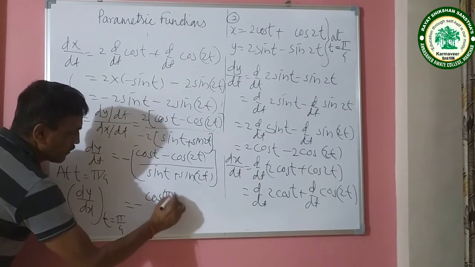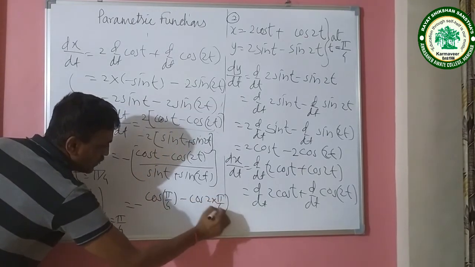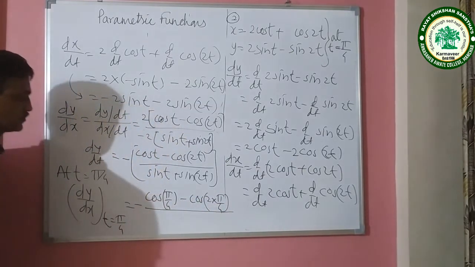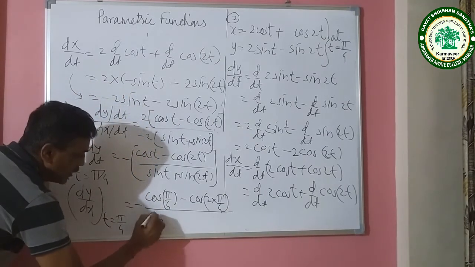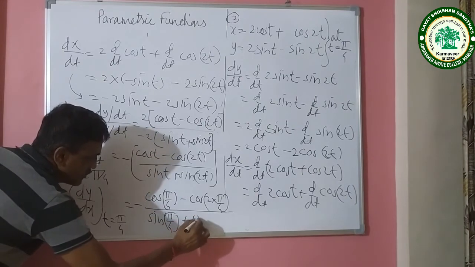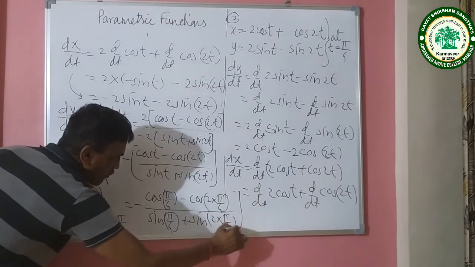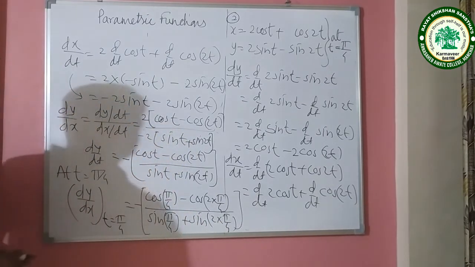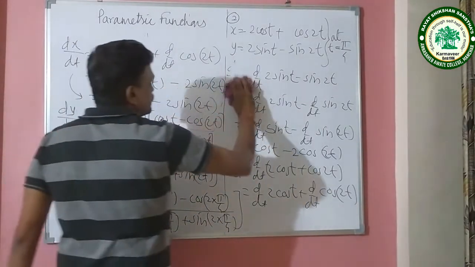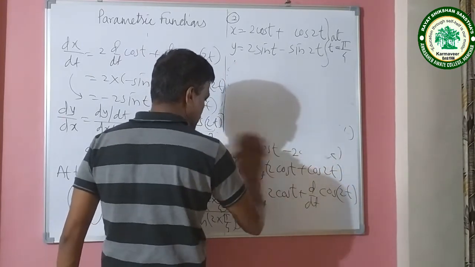Pi by 4 minus cos 2 into t, pi by 4, upon sin, what is t? Pi by 4 plus sin 2 into t, pi by 4. Next step.